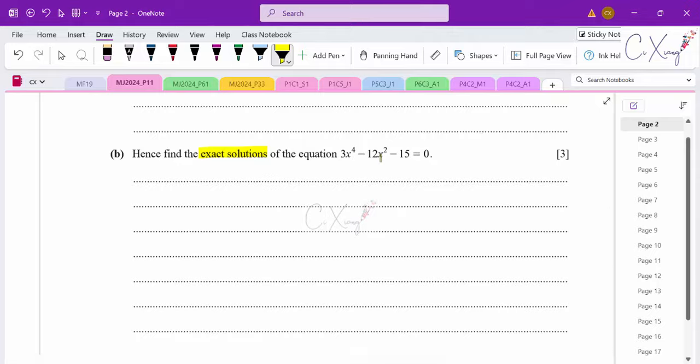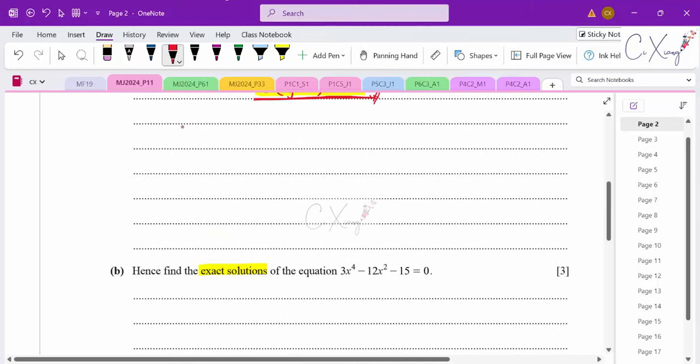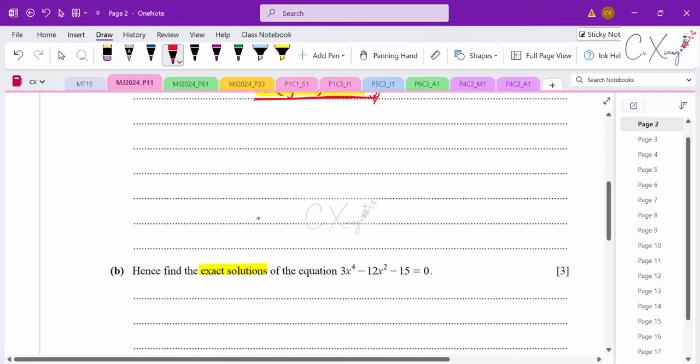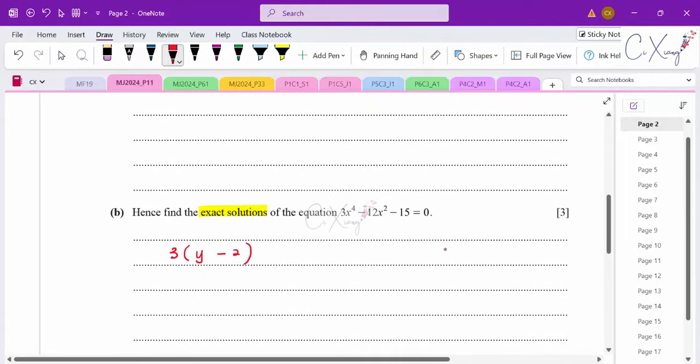That means if you want to solve this equation, you can use the completed square form here. So this is my completed square form: 3 times y minus 2 squared minus 27 equals 0.